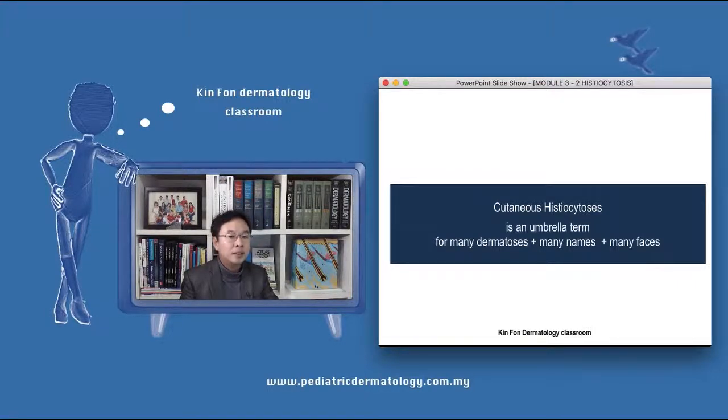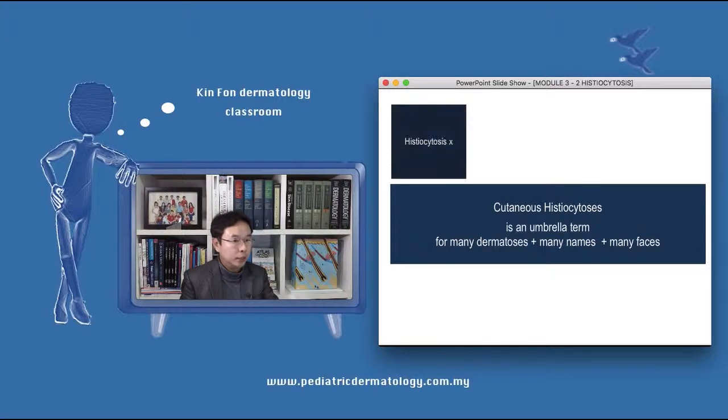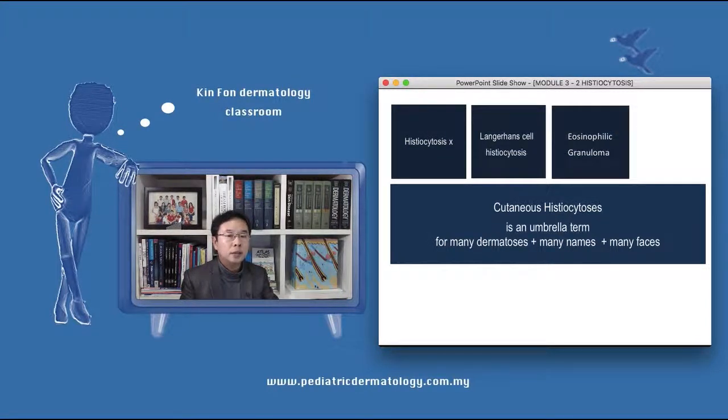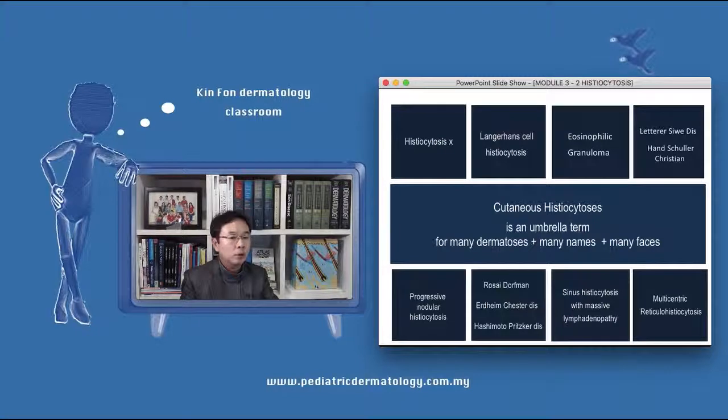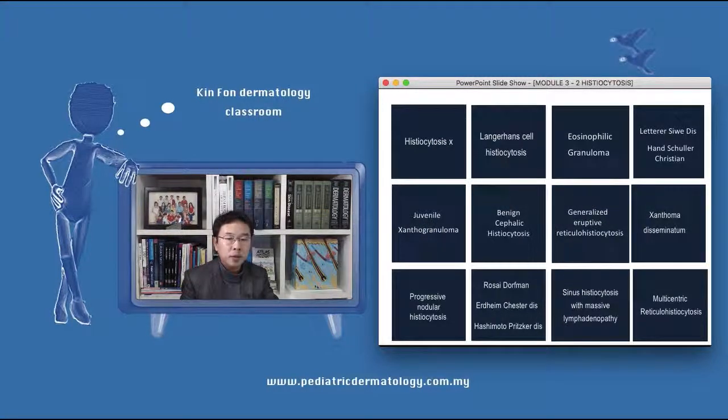Some of these names include histiocytosis X, Langerhans cell histiocytosis, eosinophilic granuloma, Letterer-Siwe, Hand-Schüller-Christian, Hashimoto-Pritzker, Rosai-Dorfman, multicentric reticulohistiocytosis, juvenile xanthogranuloma, benign cephalic histiocytosis, etc.